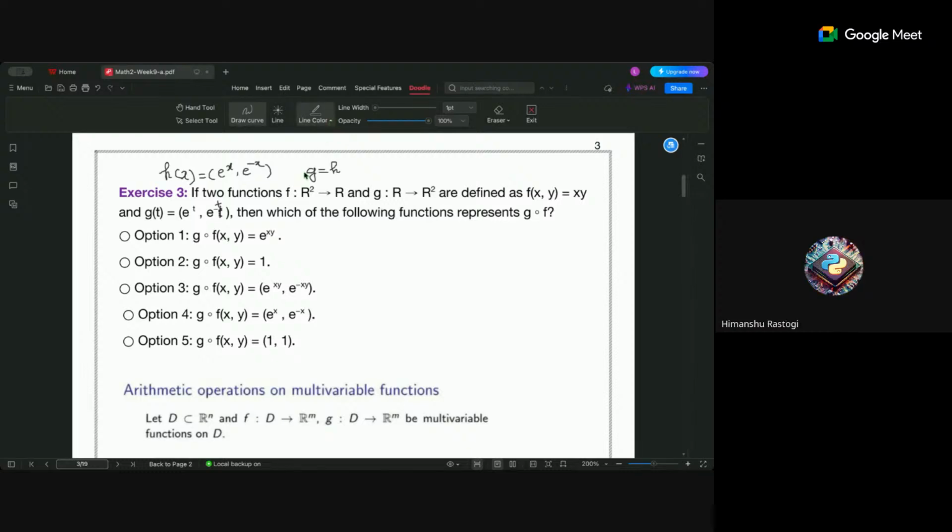Ma'am, question: if two functions produce the same graph, then should we call them the same? Yes, if for the entire domain you get the same values in the range, yes, they are the same.